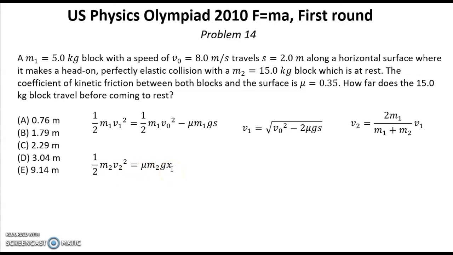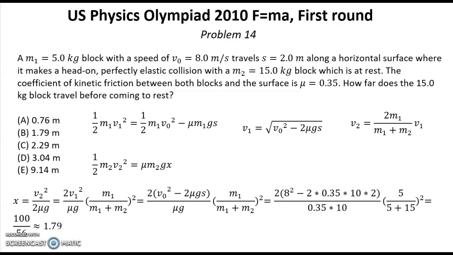And after that, when we calculate x, we can use all this data to completely compute it. That will be this expression. And after we put in all numbers, we will get around 1.79, which is answer B.